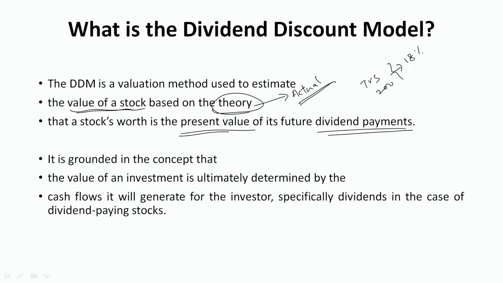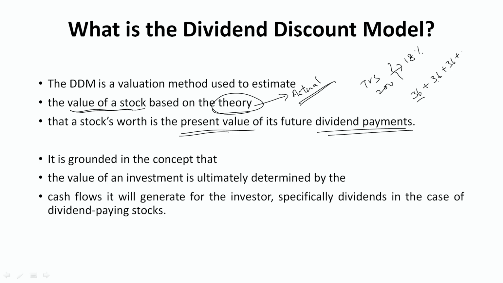Let us assume that I am going to hold it for 5 years. At the end of year 1, what is the amount of dividend you would be getting? You would be getting 36 rupees, right? Similarly, second year you would be getting 36, like that for 5 years.